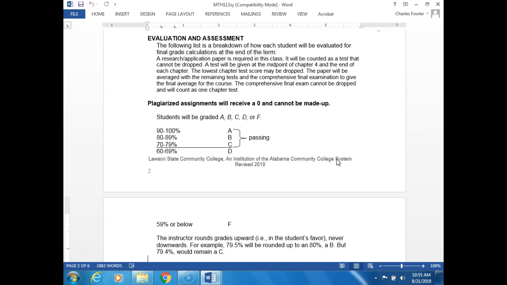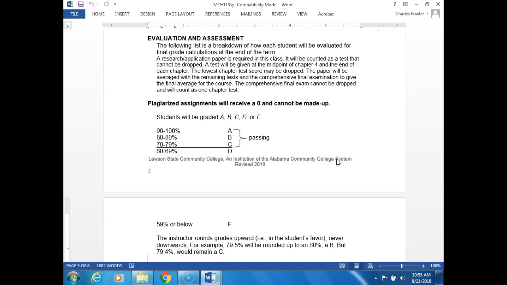So what I usually do is the final exam is in 2 parts. The first part is a chapter 6 test, and the second part is the comprehensive part. The chapter 6 part may be dropped; the comprehensive can't be dropped. Usually that last chapter 6 test and the final, I give you on the last day of class, and you have 5 weeks to turn it in.